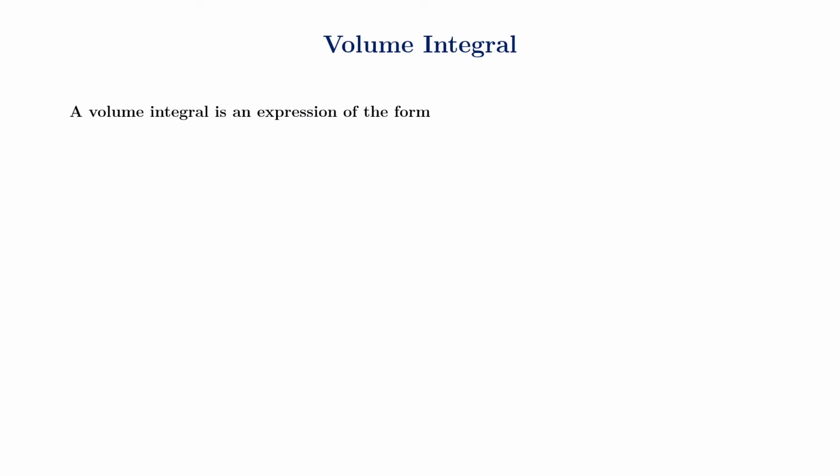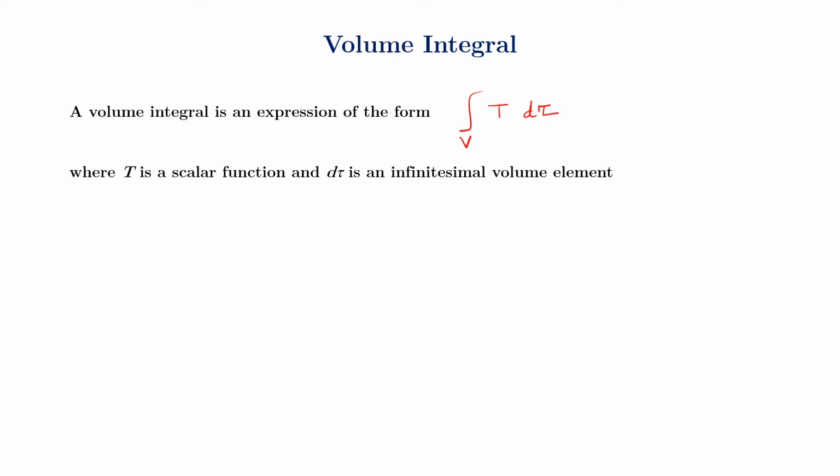The volume integral. A volume integral is an expression of the form integral over V of T d tau, where T is a scalar function and d tau is an infinitesimal volume element.